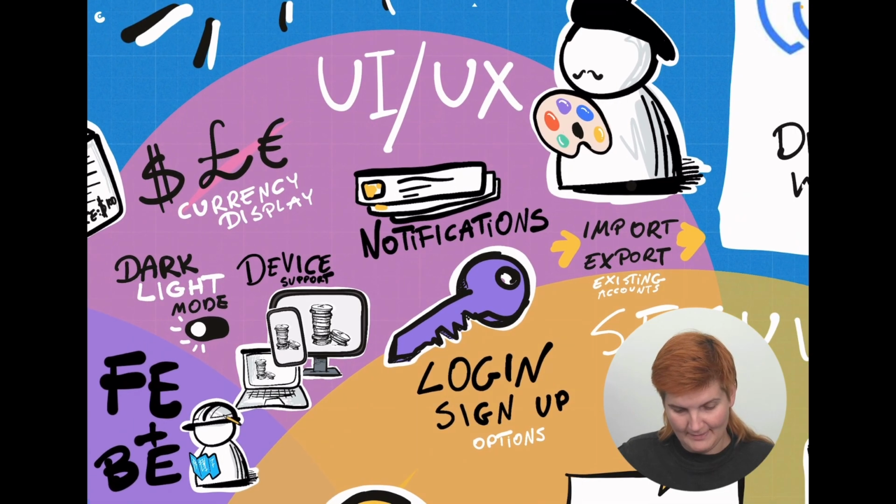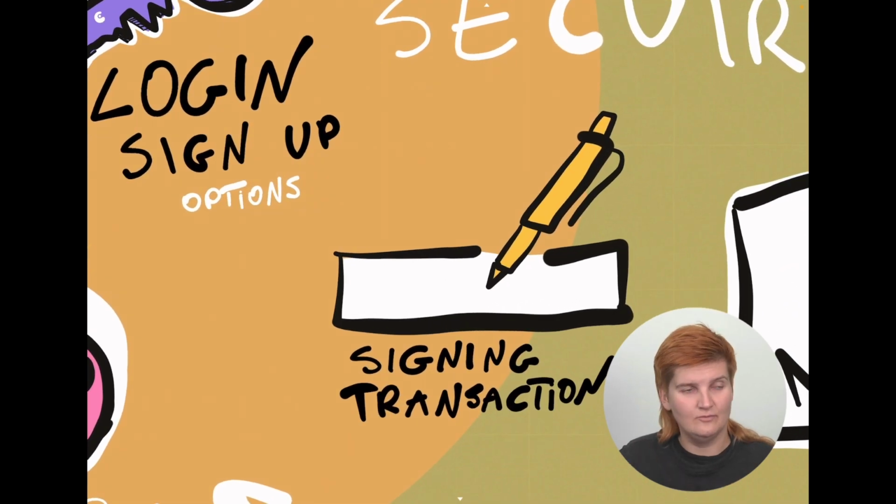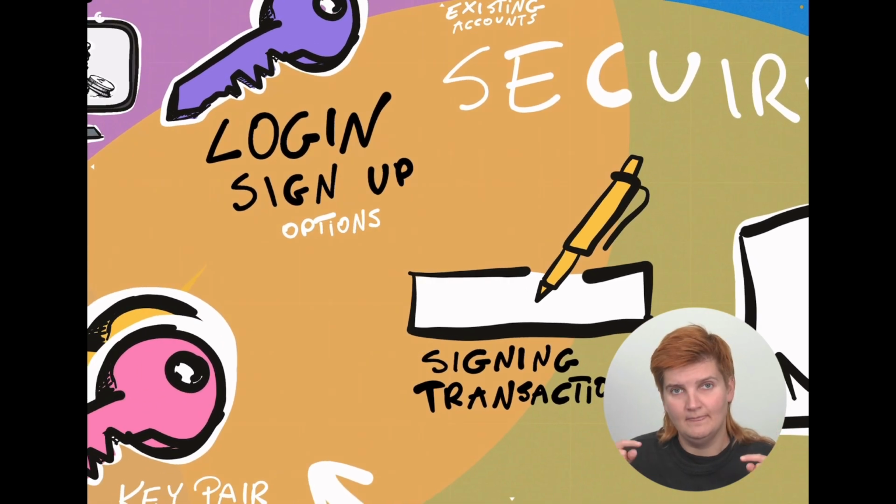Next thing is signing the transactions. So every time we interact with the blockchain or smart contract, we need to allow the user to make sure that they are signing the transaction in a correct and seamless way.